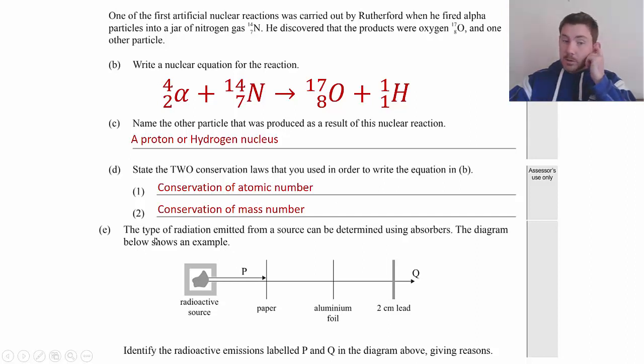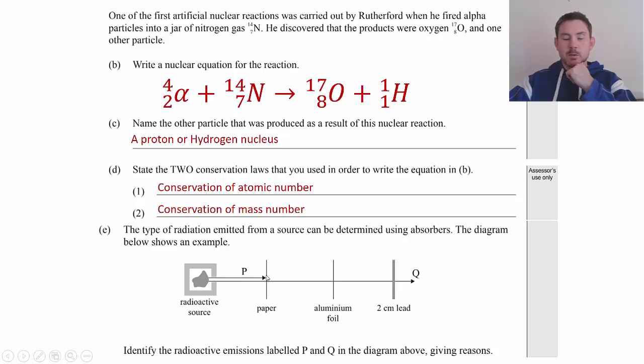In part E, we're asked to identify two types of radiation, and there's quite often a question based on this concept in an exam, so you should be ready to discuss the different types of radiation based on their penetrating powers. So P from the radioactive source, we can see doesn't go beyond the paper.